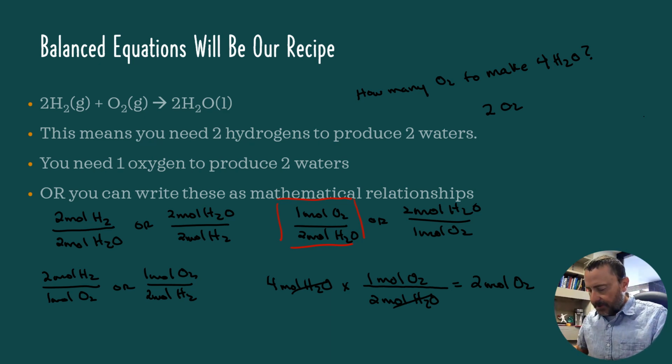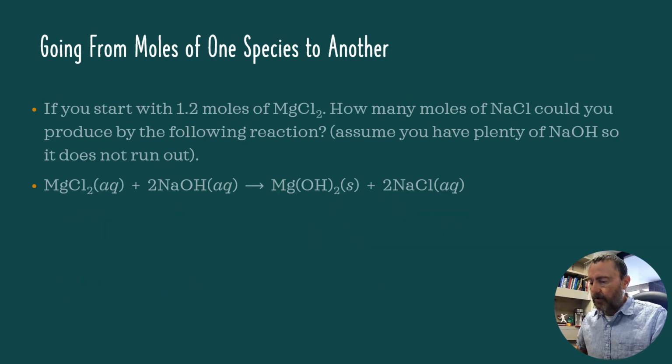So let's do a stoichiometry problem here, right? What if we start with 1.2 moles of magnesium chloride? How many moles of sodium chloride could we produce by this reaction? Okay, now it says assume you have plenty of sodium hydroxide, right?